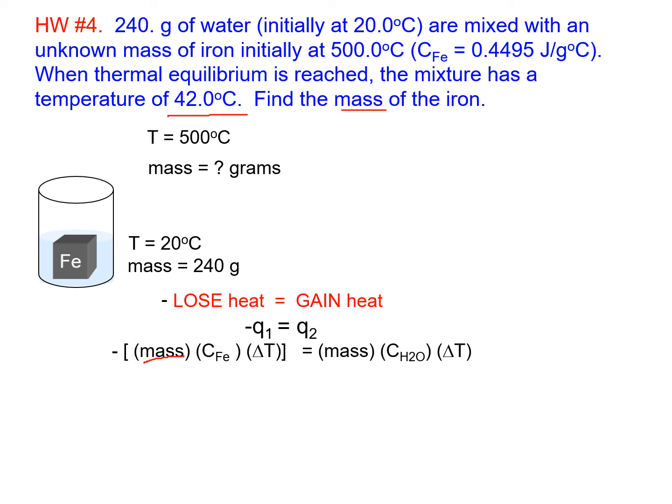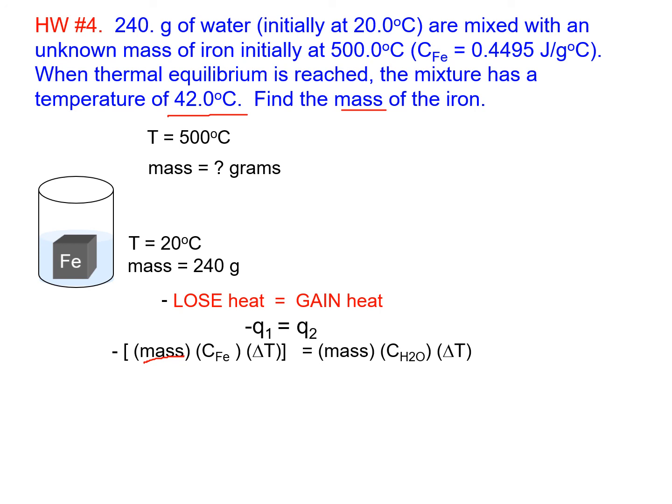But we have the specific heat of iron, 0.4495. We have the specific heat of water, 4.184. We have the mass of water, 240 grams. We have the change in temperature. The trick is the change in temperature. You have to use the final temperature for both of them. So your final temperature, 42 minus 500, will give you the negative sign here.